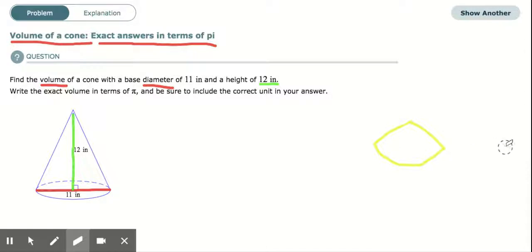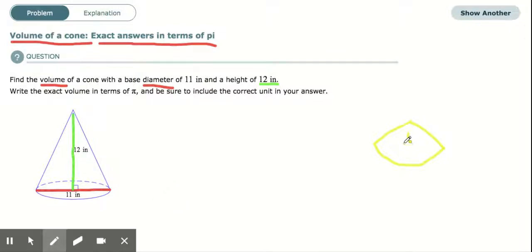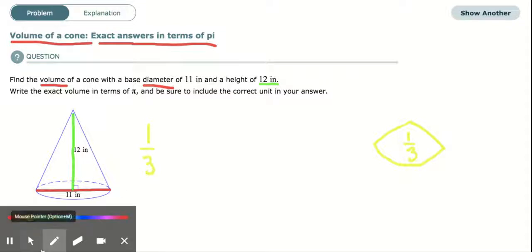Do you see how we have this shape? Now picture if we took this and rolled it up. It would make a cone. You see that? So this really represents a third of the entire circle, and that's where the third in the volume formula comes from.